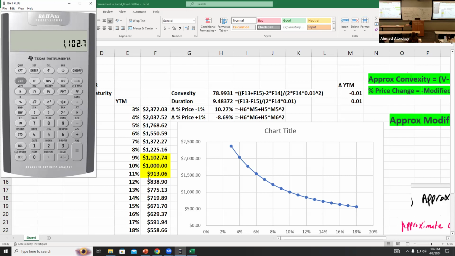Now what happens if the interest rate increases? The price is going to drop by 8.69. How do we calculate the 8.69 drop? So guys, let's do this with me. 1 minus 0.0869. We change it to a decimal.